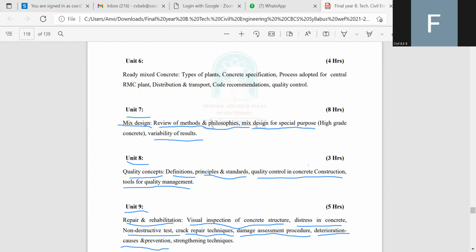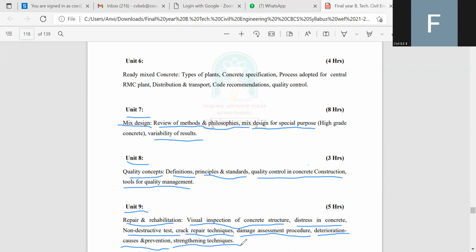And then strengthening techniques. If major cracks are available in the beam or in the column, then how can we strengthen this particular column or beam? There are techniques.